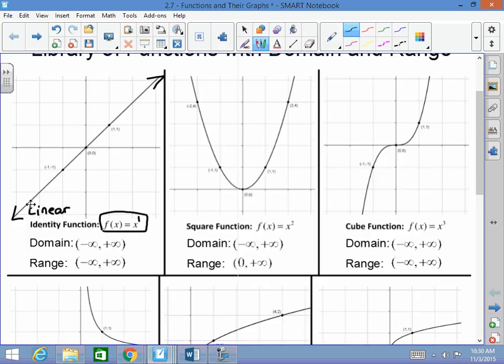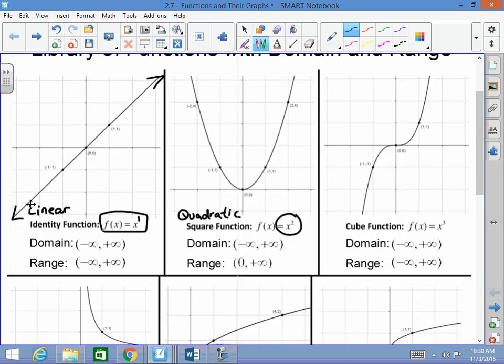Next, the square function. Sometimes they call this a quadratic function. It's quadratic because x is squared. When x is squared and you have a quadratic function, you have what's called a U-shaped graph.